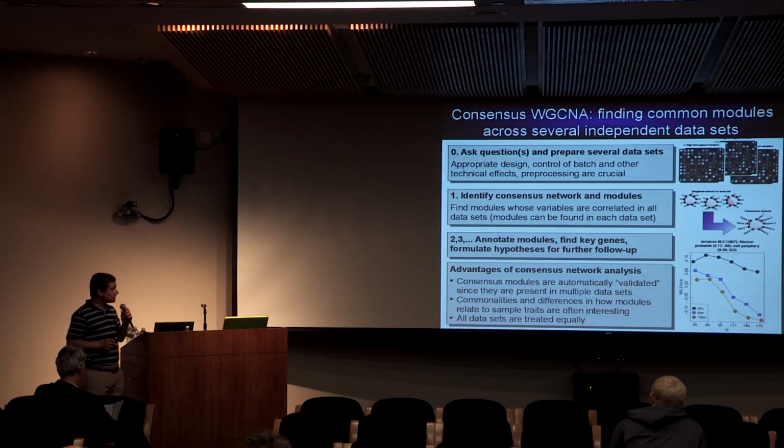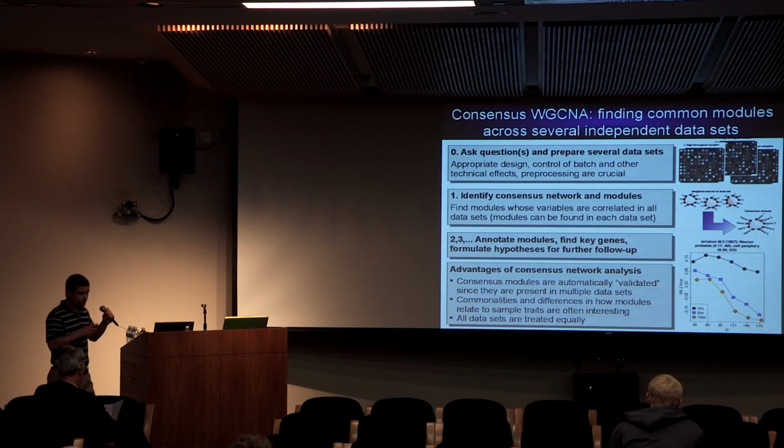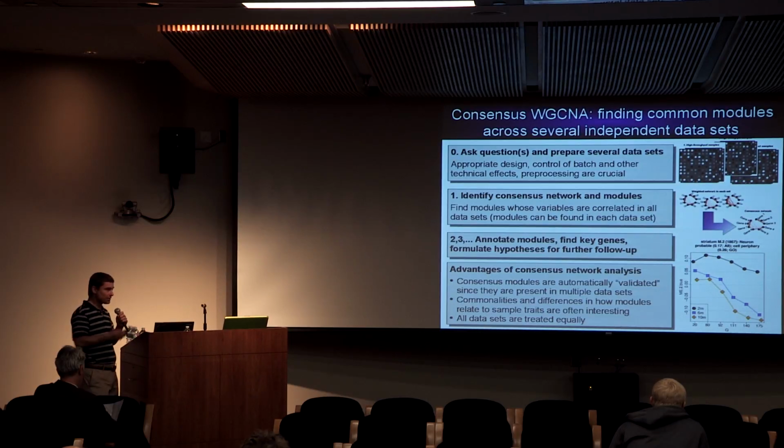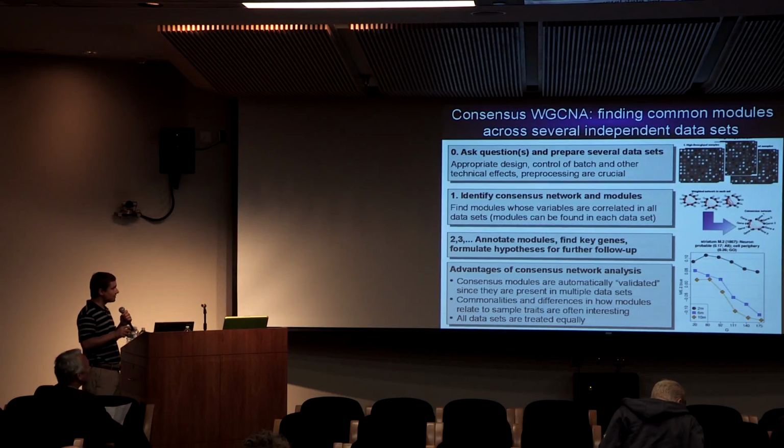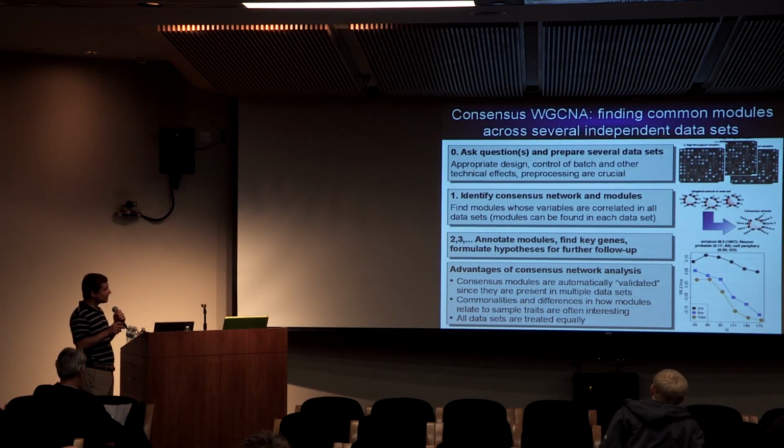Now, oftentimes people have several independent data sets that measure the same or very similar things, or they are comparable. And so again, after you've asked the right questions and you prepared several of the data sets, you can carry out what's known as a consensus WGCNA.